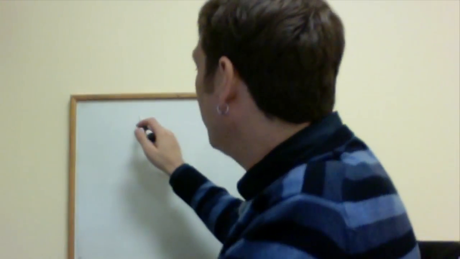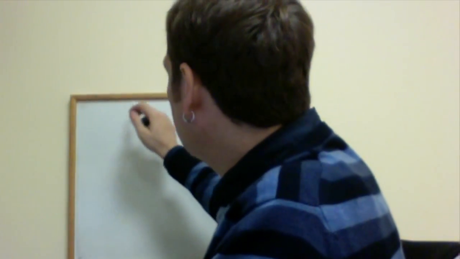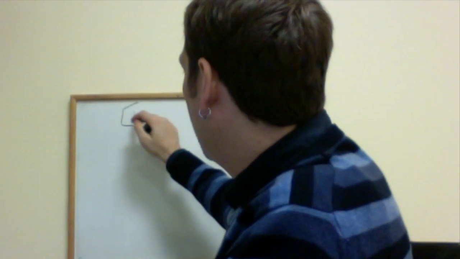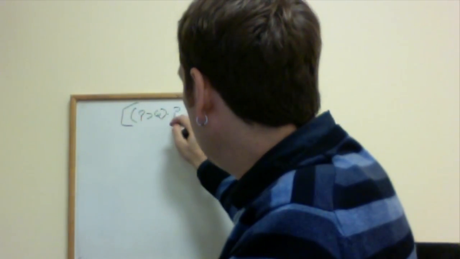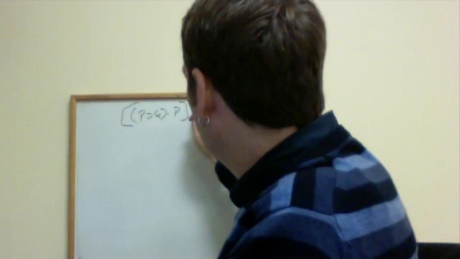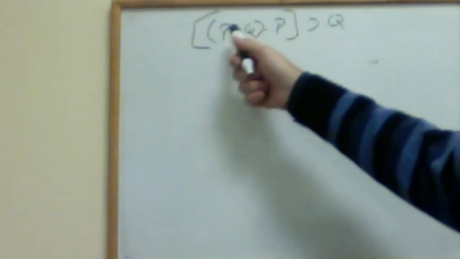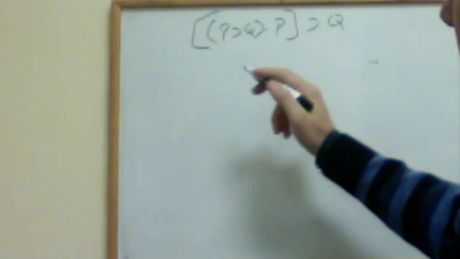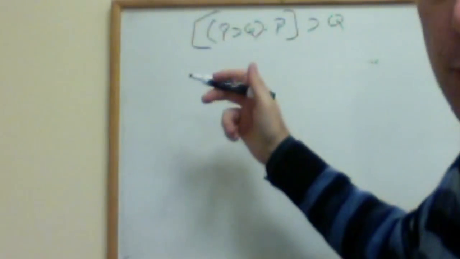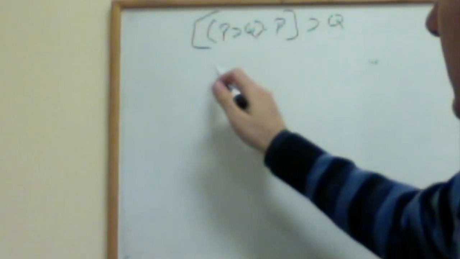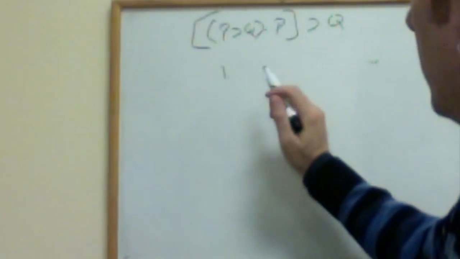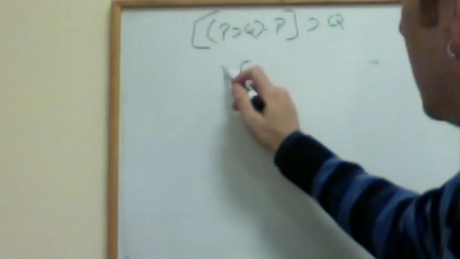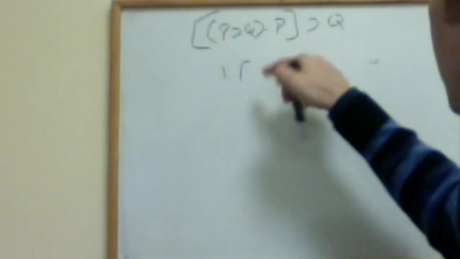Now what's interesting is if you take this sentence, P horseshoe Q dot P horseshoe Q, we know that this is a tautology. So let's show you what happens if we do an indirect proof without any premises. We'll just indent line 1 here, and we're going to assume that this sentence is false.